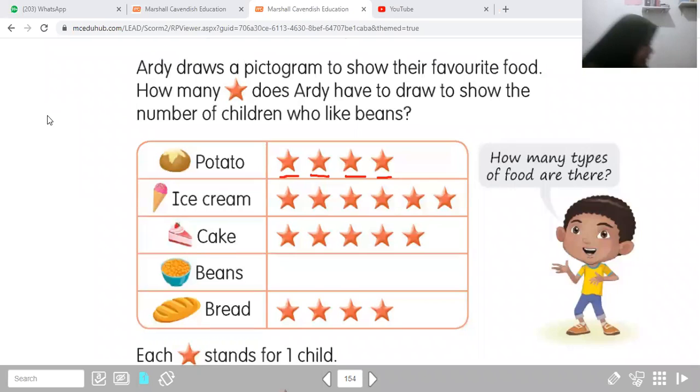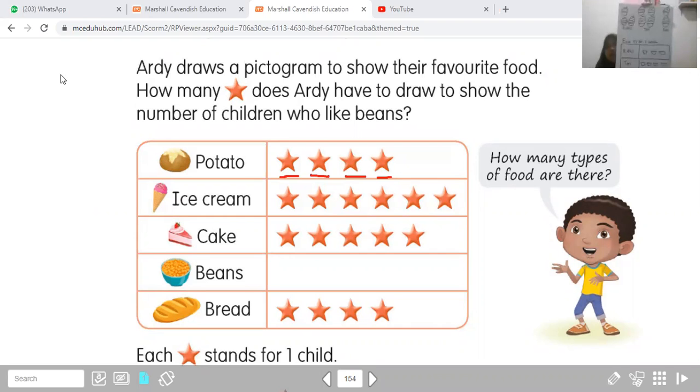I have an example here. This is an example of a pictogram. So I made a pictogram that looks like this. And then I explain it. You have to explain. For example, for me, I will explain this data.